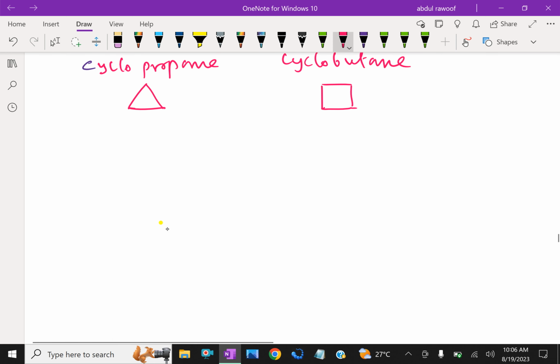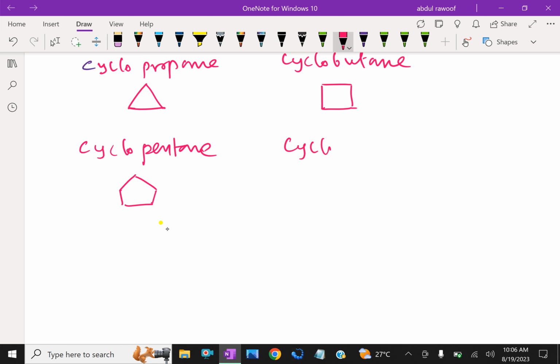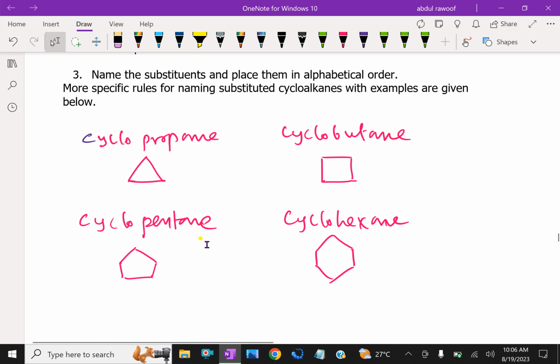Cyclopentane, pentagon. Cyclohexane, hexagon. Now these are the basic parent elements.